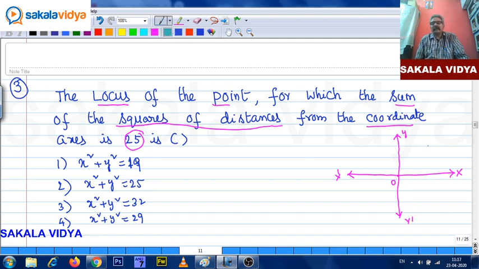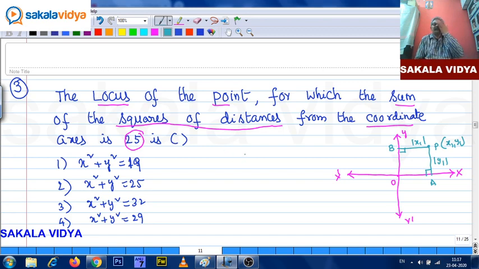For example, the perpendicular distance from the point P to the x axis, say PA, and from P to the y axis, say PB. This will be, for example, P(x1, y1). We know this will be mod y1, this will be mod x1.